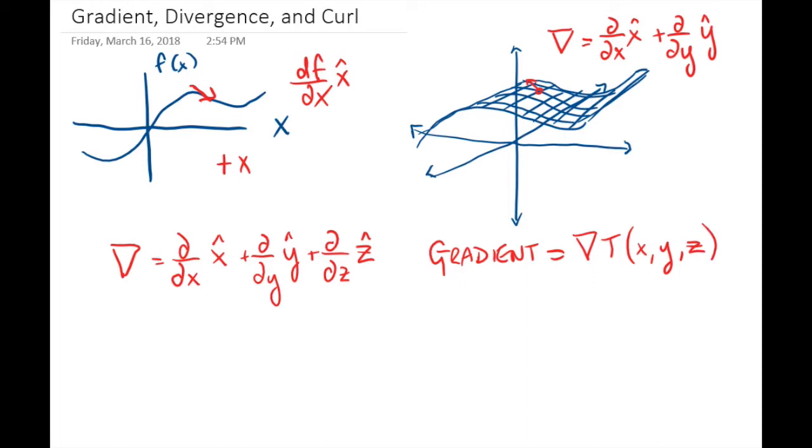And you can only take the gradient of a scalar function. So it's essentially the 3-dimensional vector derivative of a scalar function. And the gradient always points in the direction of greatest increase of the function value.